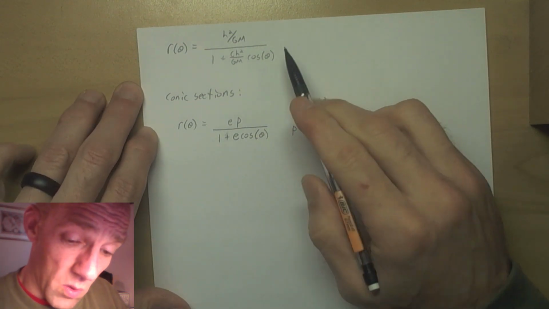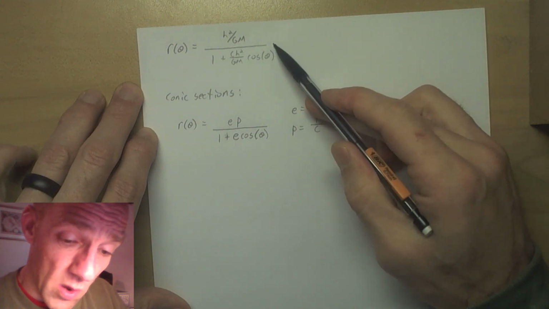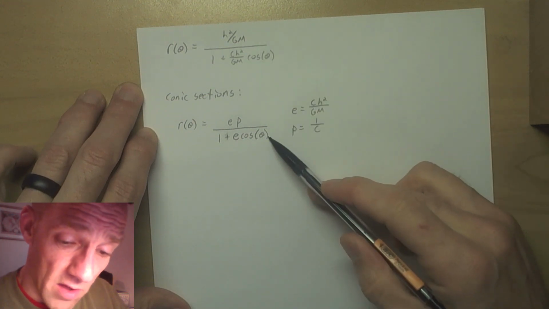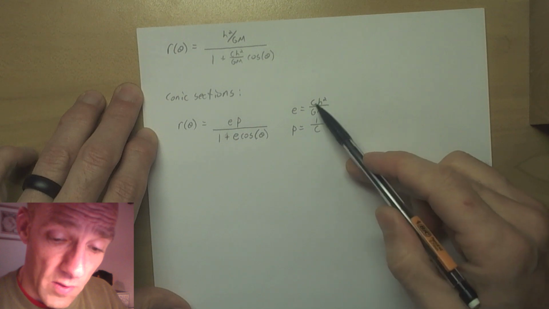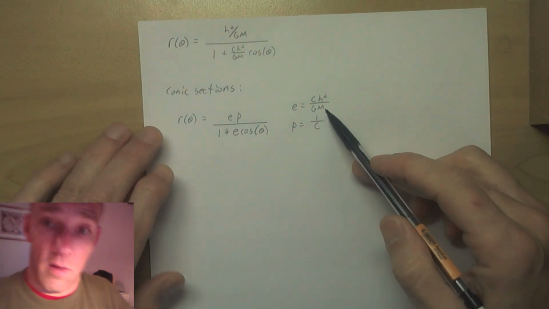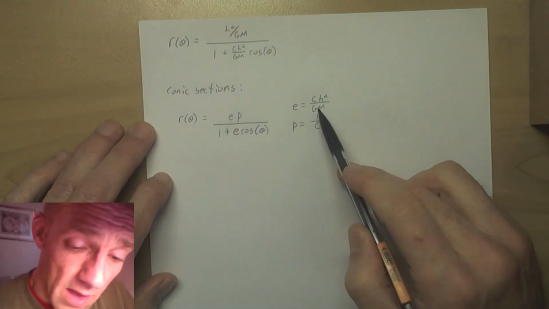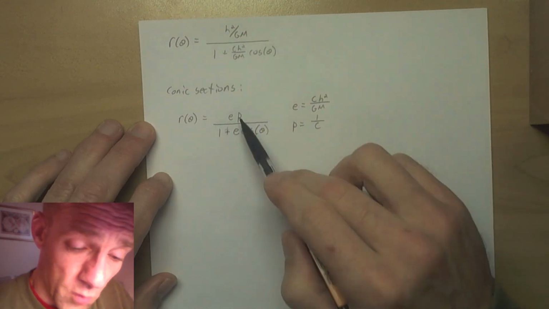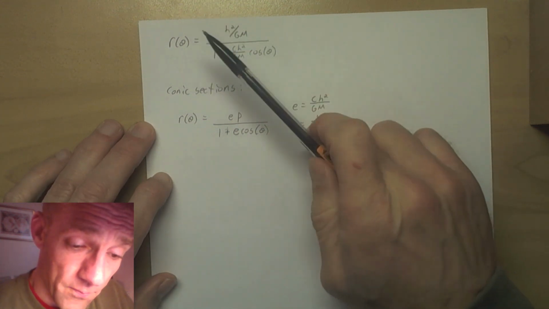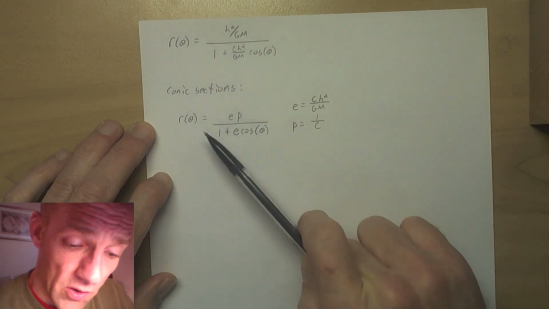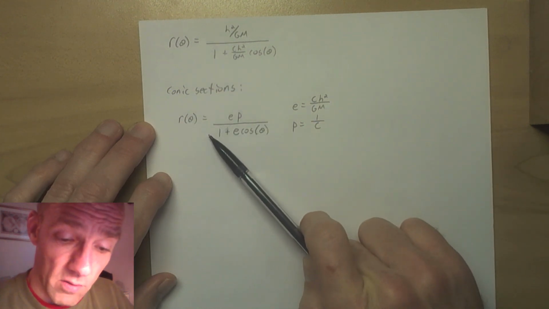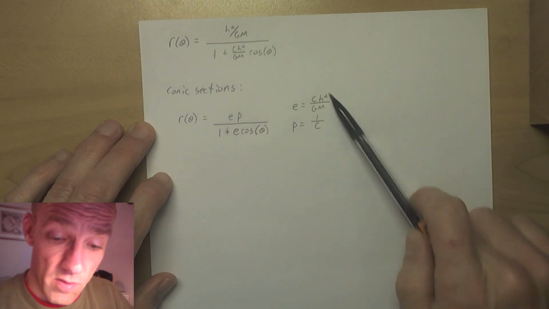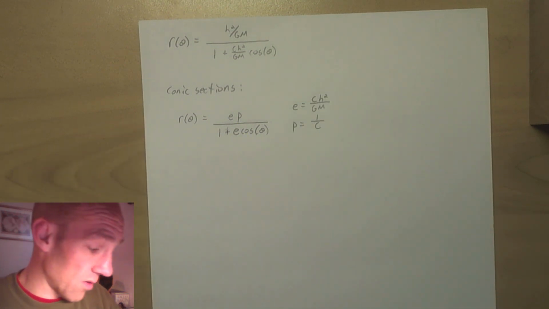Okay, so here's the solution to our differential equation. Here's the equation of a conic section. If we make this substitution, and these are all just numbers, so it's a perfectly valid thing to do, then we've proven that the solution to our equation is a conic section with this definition for the parameters.